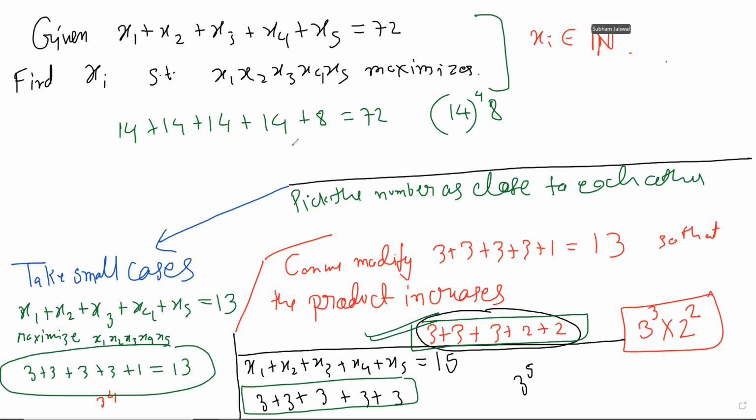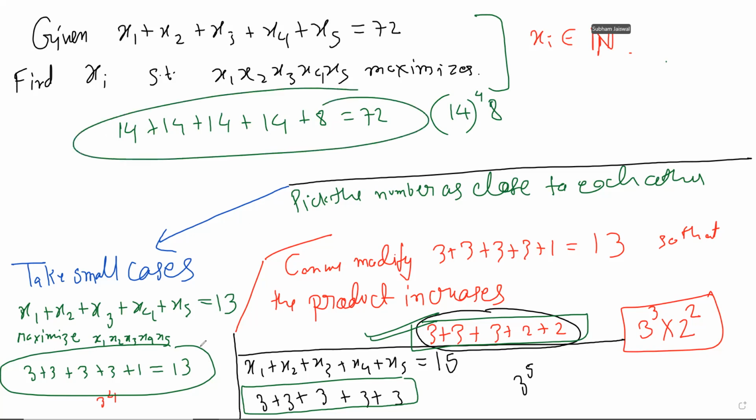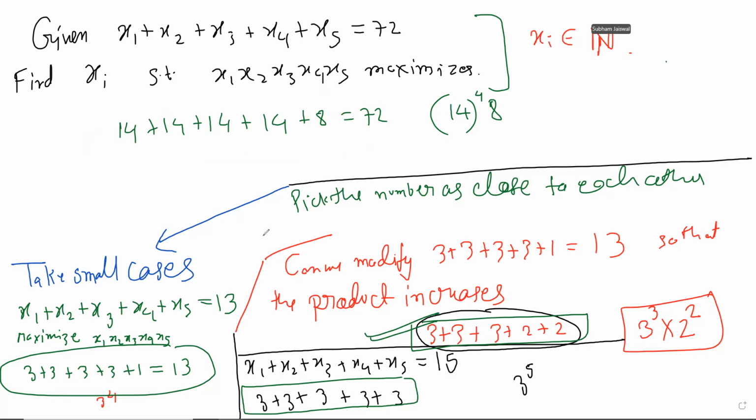It doesn't follow the same philosophy. This has the same error as this answer here had, 3311. Same problem, right? So this will be pretty big, but it will not be the biggest. You can make it bigger. Just try it out. If you make this 13 and make this 9, this product will get bigger.